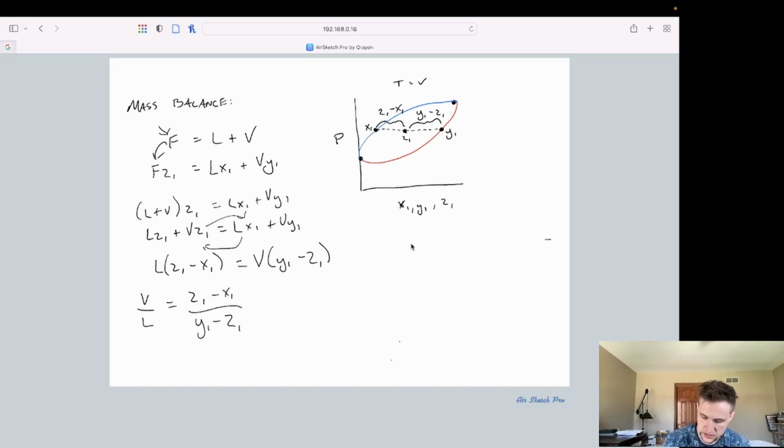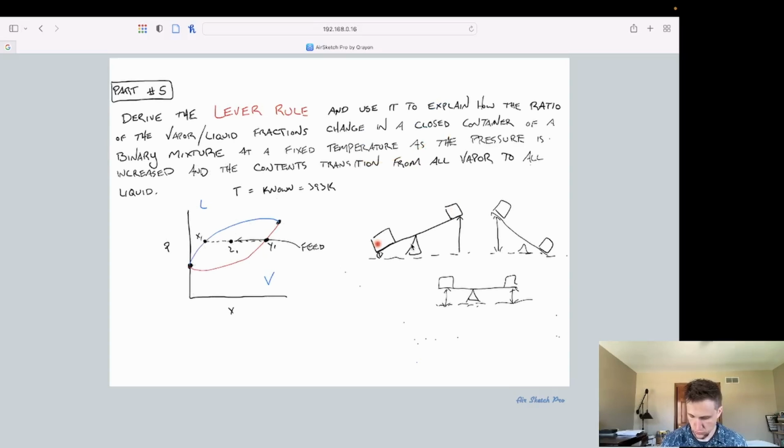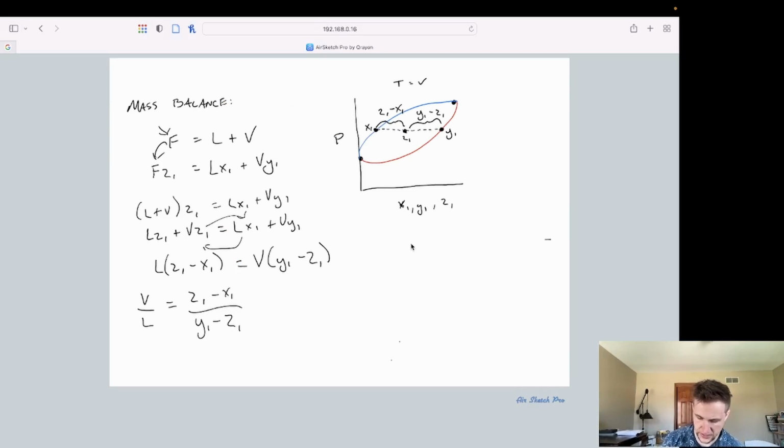And as we can see, this is operating as a seesaw would, because as this increases, this must decrease. As this side goes further from the ground, this side must come closer to the ground. So they're always moving like that, which is the same thing we see happening here as the pressure continues to increase, closer and closer to becoming all liquid.